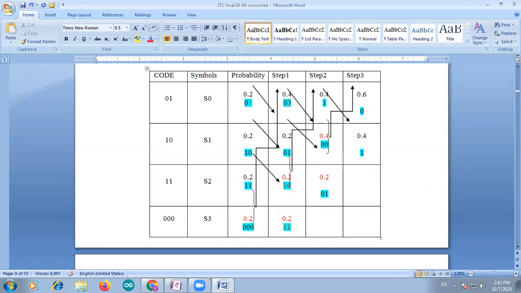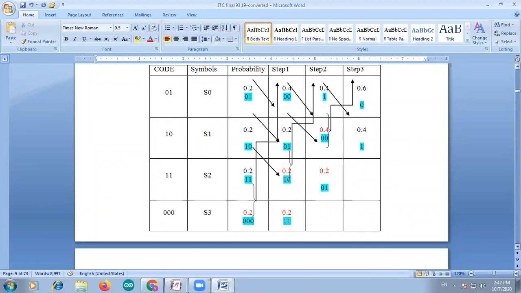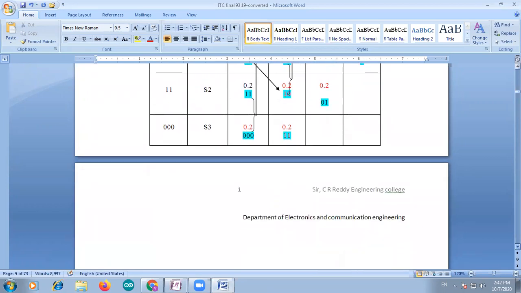Now with the 0, 0, the 0.4, one 0.2 is 0, 1, another 0.2 is 1, 0, and another 0.2 is 1, 1. Now the entire bits are 0, 1, 1, 0, 1, 1, 0, 0, 0, 1, 1, 1.